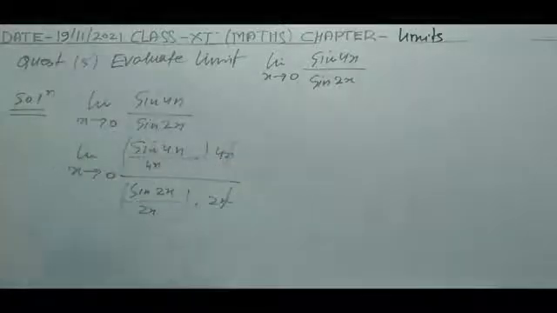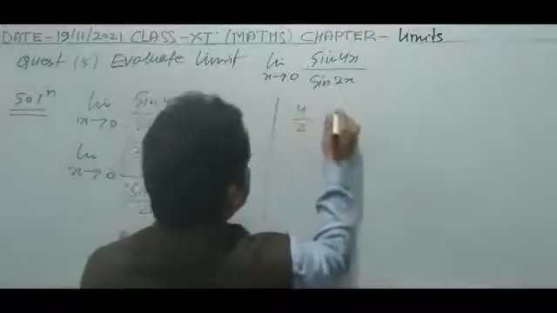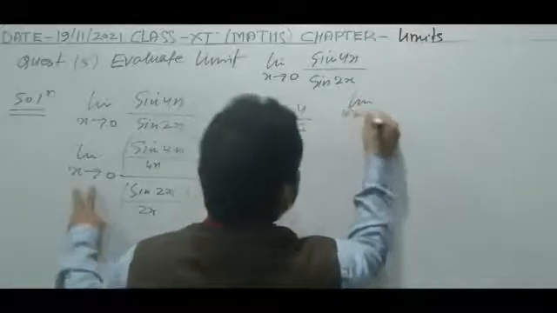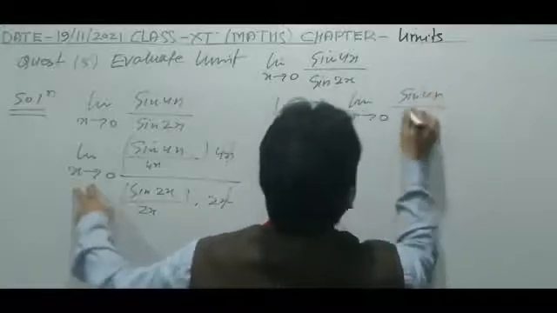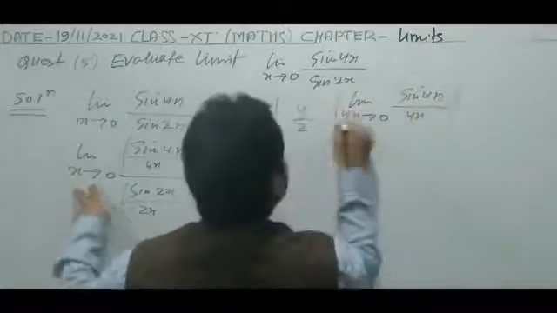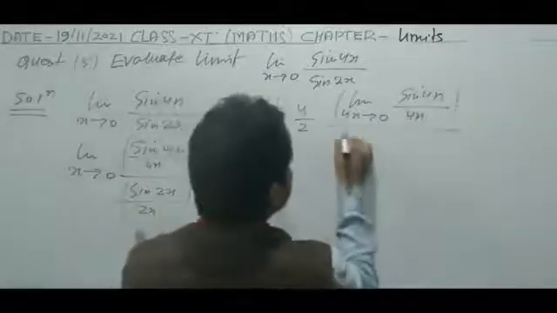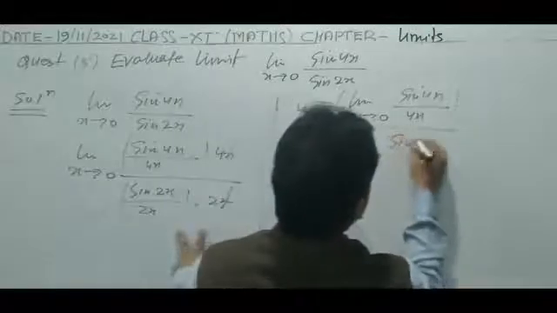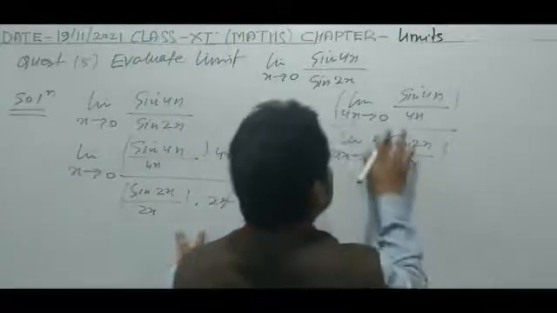This x cancels, and when you operate limit, 4 by 2 is here, and in the numerator, limit 4x tends to 0 of sin 4x upon 4x, into limit 2x tends to 0 of sin 2x upon 2x.